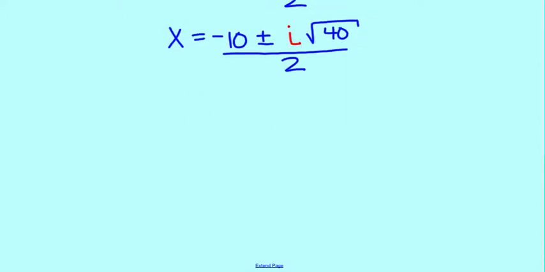Now let's break down 40. What two numbers multiply to 40? You can do 10 times 4, which would probably be a good choice.